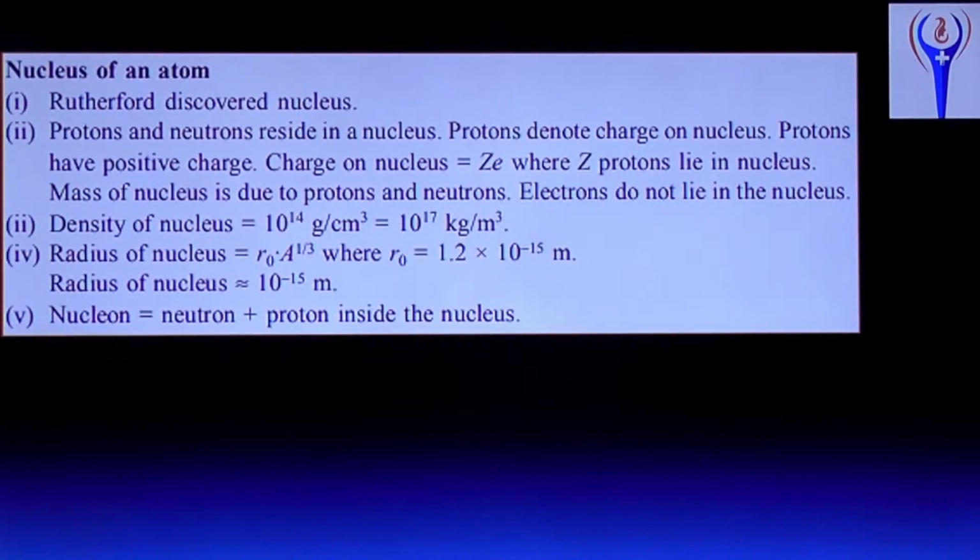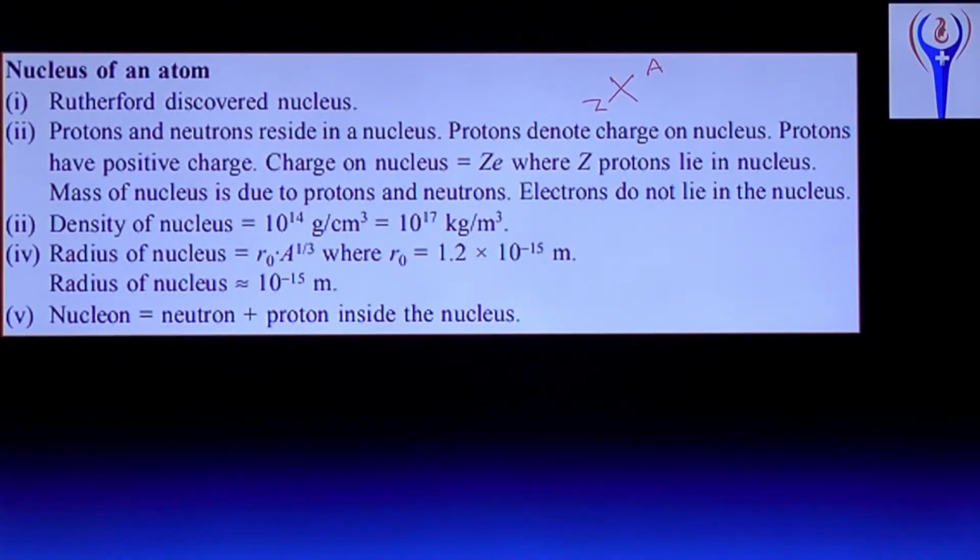Protons and neutrons reside inside a nucleus. Protons denote the charge on the nucleus. That is what we mention as X, Z, A, where Z represents the charge. And the charge on the nucleus is Z into e.